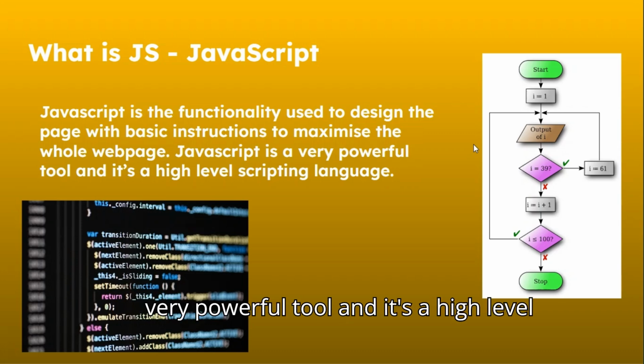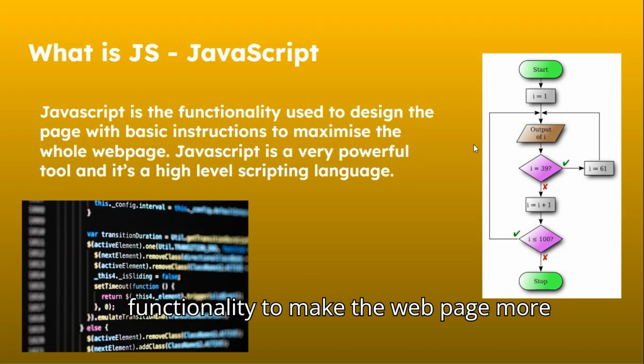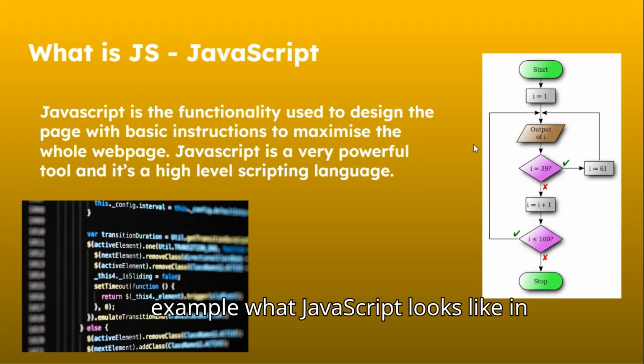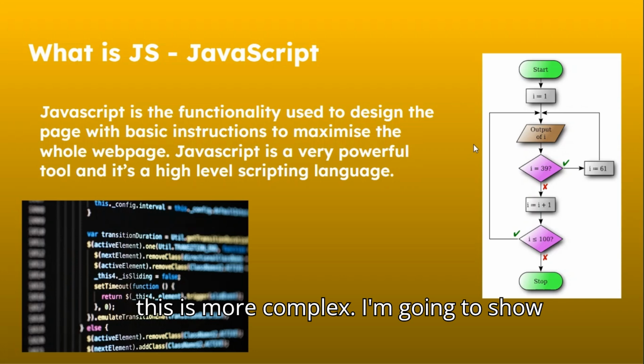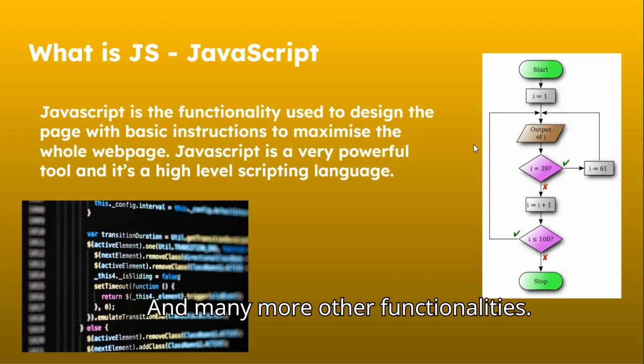JavaScript is a very powerful tool and it's a high-level scripting language used for creating functionality to make the web page more interactive. This is an example of what JavaScript looks like in this picture here, but this is more complex. I'm going to show you the basics of JavaScript and many more other functionalities.